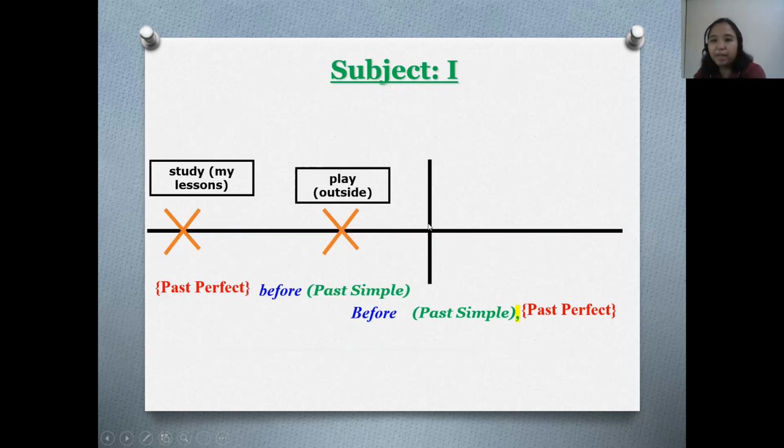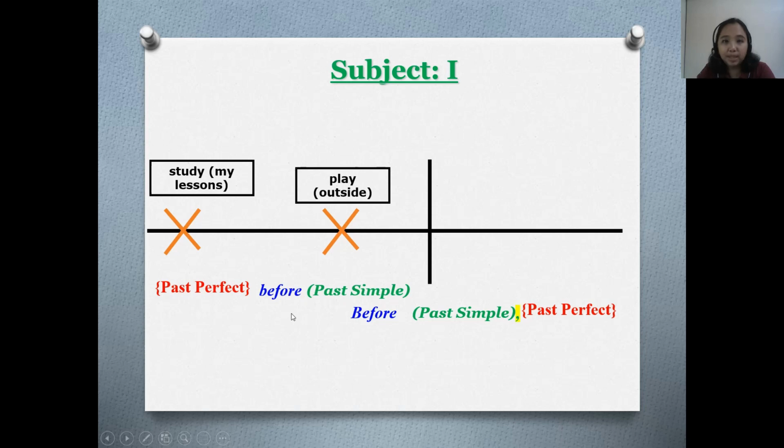Now I want you to get a piece of paper, a clean piece of paper, and a pen and try to construct a sentence on your own. Follow this illustration. Your subject is I. The first action is study. The second action is play. Make use of the conjunction before.